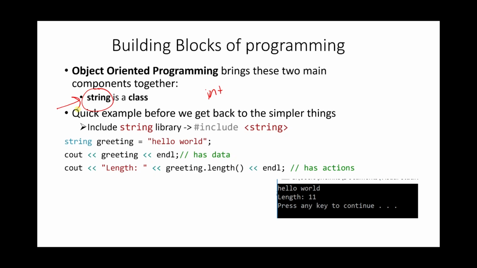So let us just use strings. We have a string greeting, hello world. When we print, and by saying print I mean cout, cout is sending information from your code to the console. Here we are sending the information stored in the variable greeting to the cout.